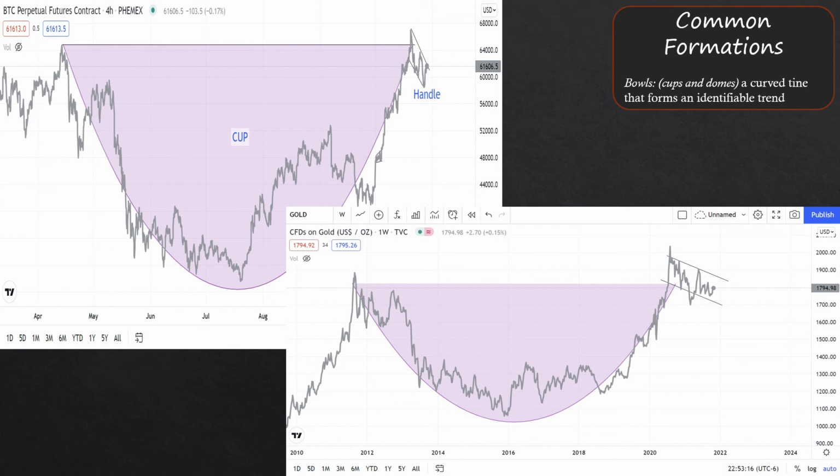We see gold on a macro trend. This one is on the weekly scale, and it's over the past decade. And you can see that it's formed its cup and handle. People are very bearish on gold, but the point of it is to shake out people after this upward trend. And when I say the point, it's not that it intentionally is necessarily executed, but that the way the market responds to a massive upward trend is a little bit of a downward retracement before it takes off again.